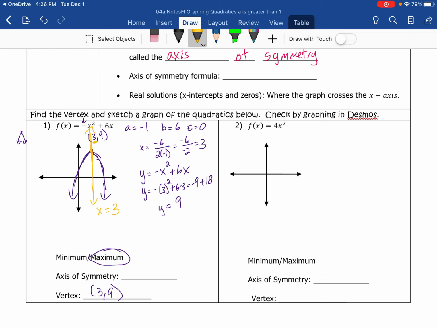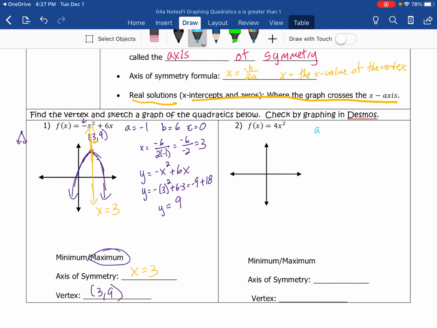So my axis of symmetry formula is x is equal to -b over 2a, or x is equal to the x value of the vertex. It's always x is equal to the x value of the vertex. We'll talk about this later, but when we talk about real solutions, that's where the graph crosses the x-axis. I wanted to make sure that was somewhere in your notes. So in this case, my axis of symmetry is x equals 3.